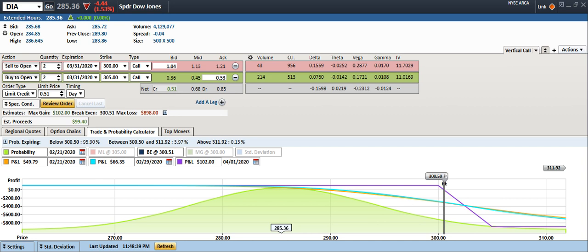If you do 2 of those, after commissions, depending on what broker you use, I'm going to assume for this example this is before commissions, you'd get a net credit of about $100 in this case. Your max loss would be about $900. You can see there in the max loss.